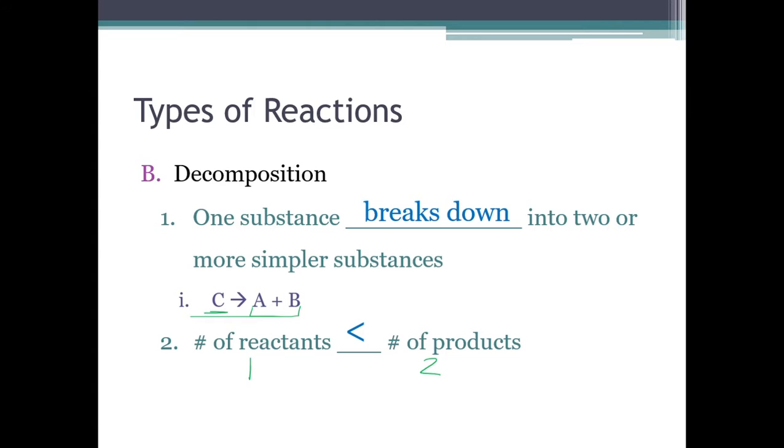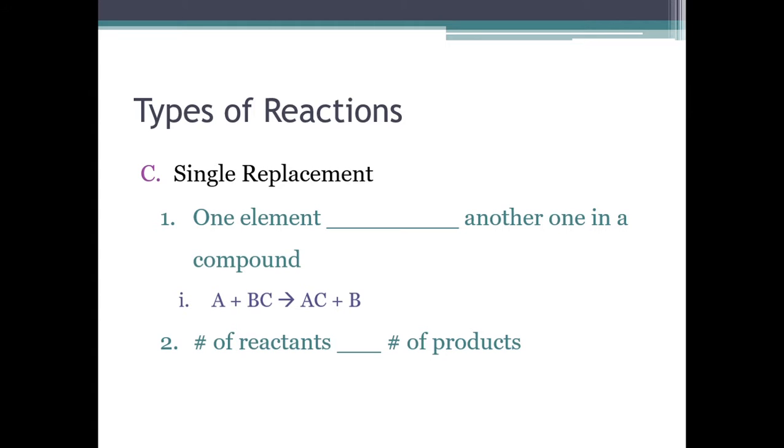Your third type of reaction is a single replacement. And single means 1, right? So in a single replacement, 1 element replaces another one in a compound. So here we've got A by itself and B and C paired together to start with. But then when we're done, A and C are paired together and B is off by itself.